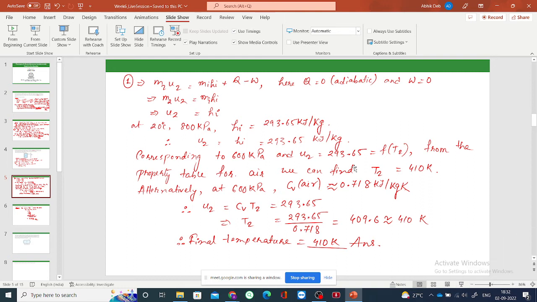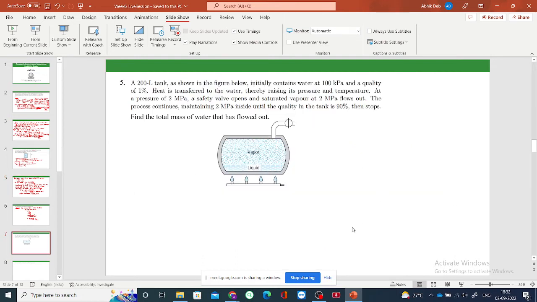If not, then you can directly calculate it from there. You can write an assumption that you are assuming the Cp value to be this and Cv value to be this, and you can directly calculate. Whatever you were assuming, that has to be written. Okay, sir. It is clear.